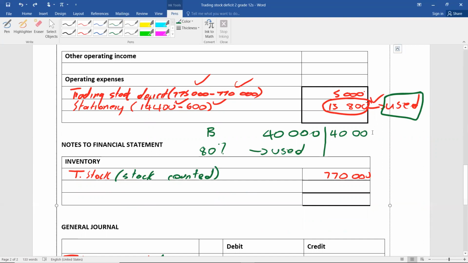This was in one of your exams. I don't remember if it was the final exam or what. But you took the 40,000.